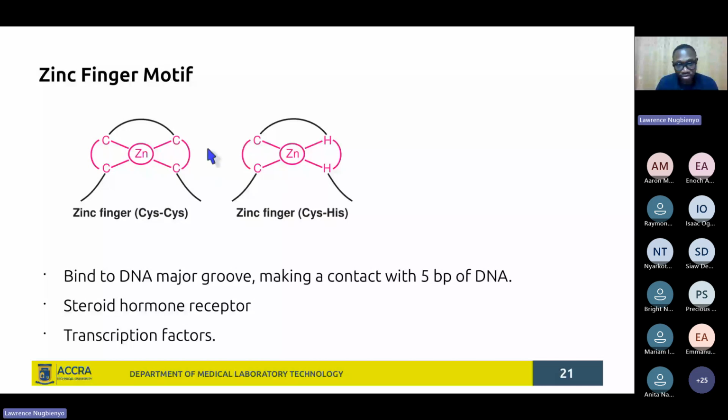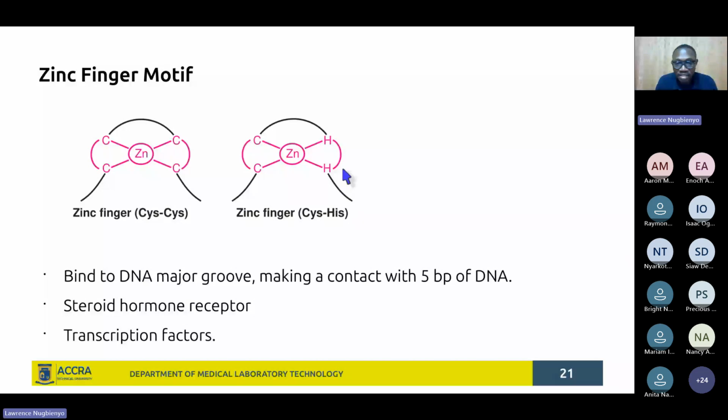Or you can have a zinc finger that has cysteine on one side, with a disulfide bridge between them. But on the other side, you have a histidine.